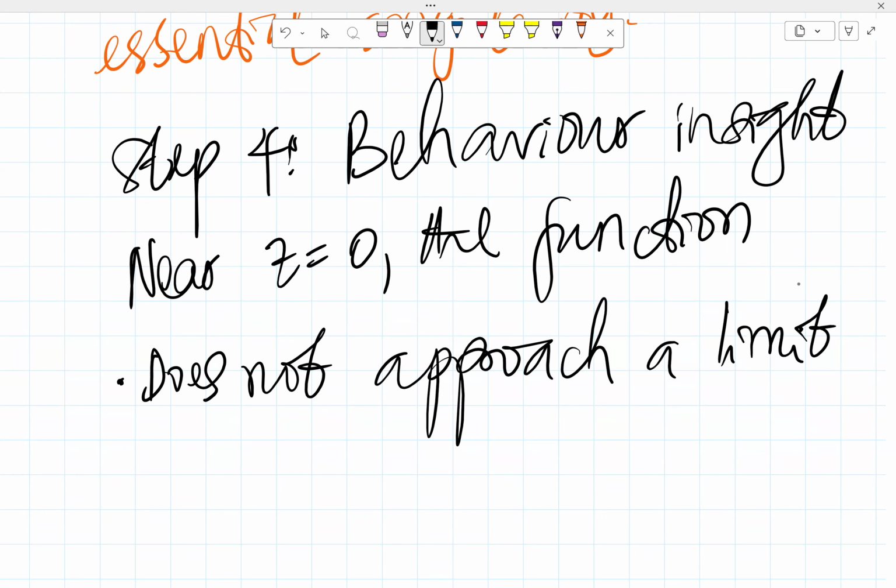The procedure we said the other time: evaluate at the given point of discontinuity, the point of singularity. If it approaches a finite value, that's a removable singularity. Then the next thing is we multiply by z minus a raised to power n. If the answer is still finite, that is a pole. If not, it will automatically be an essential singularity.